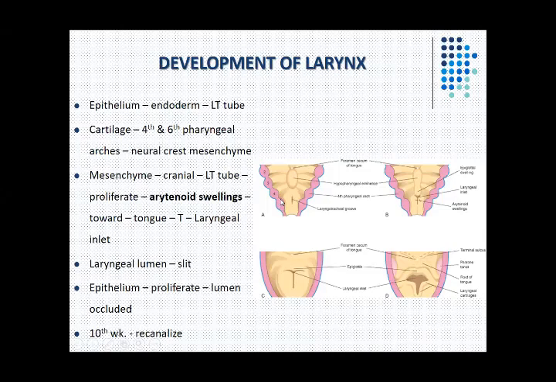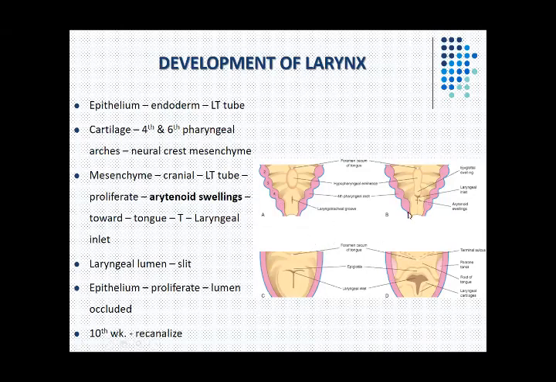So neural crest cells give rise to this mesenchyme at the fourth and sixth arches, and this neural crest mesenchyme then develops into the cartilages of the larynx. ठीक है?